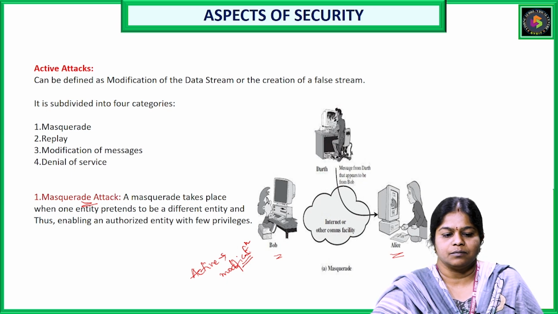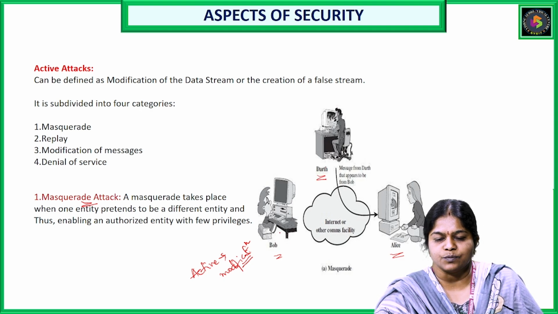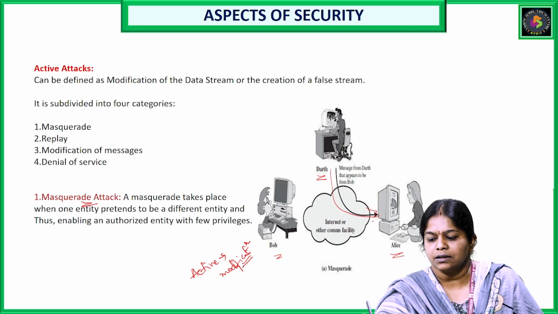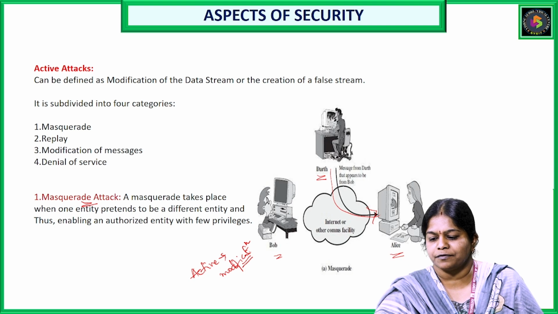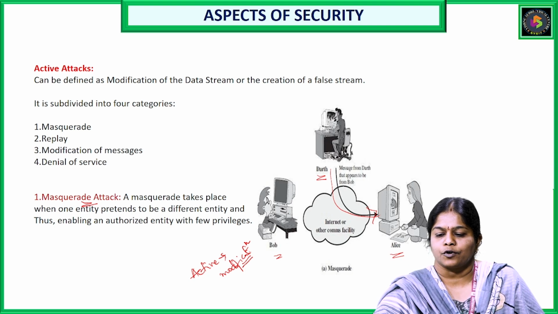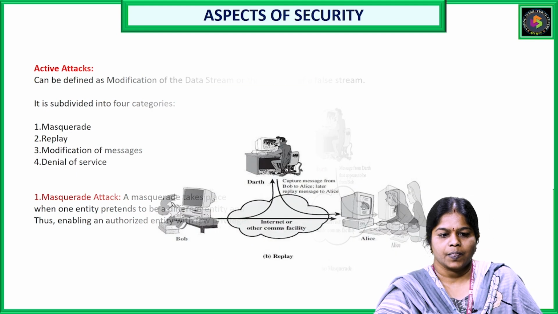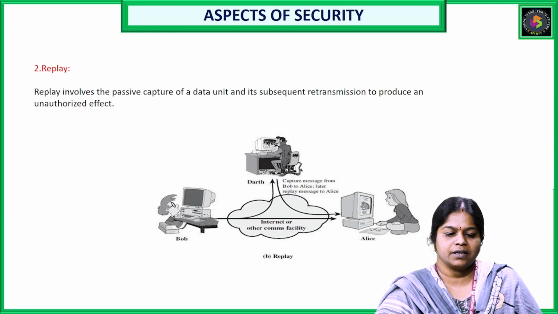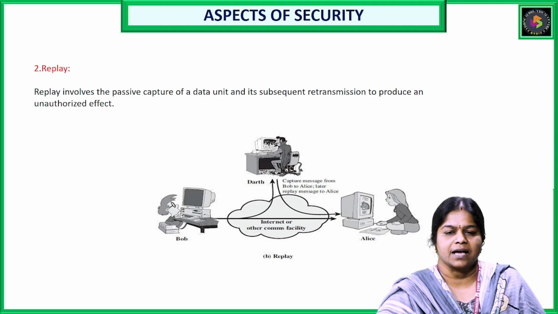But in a masquerade attack, the opponent Darth is pretending to be Bob and is communicating to Alice. This type of transmission of data from the opponent to Alice is called a masquerade attack. In that, they may take a few privileges of the authorized persons, as if they are behaving as an authorized entity.